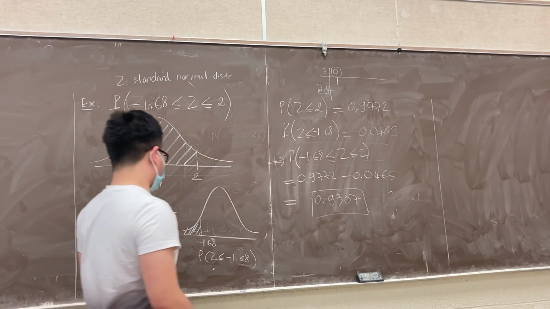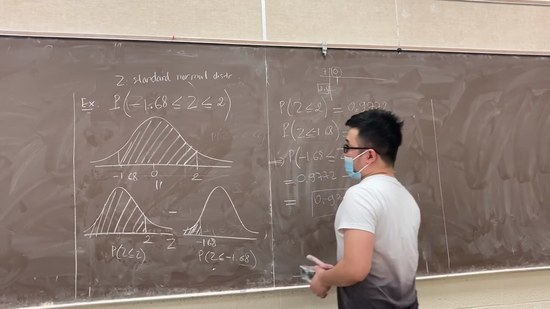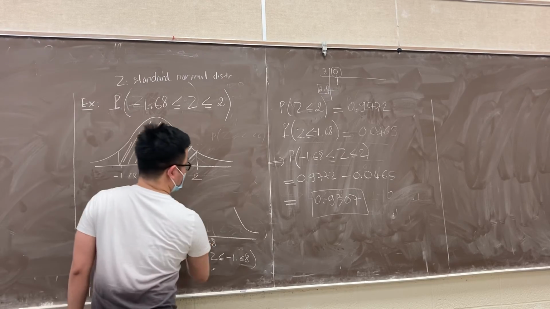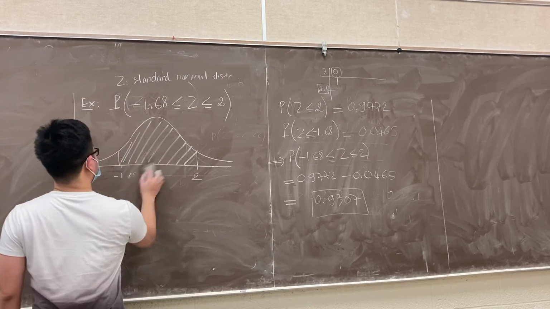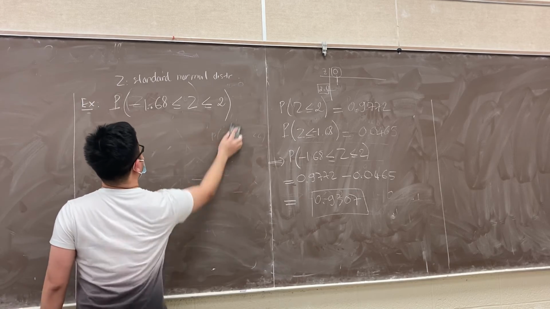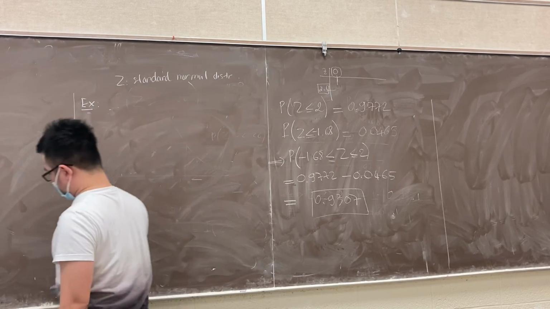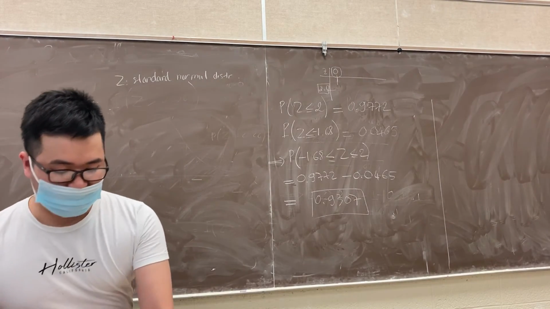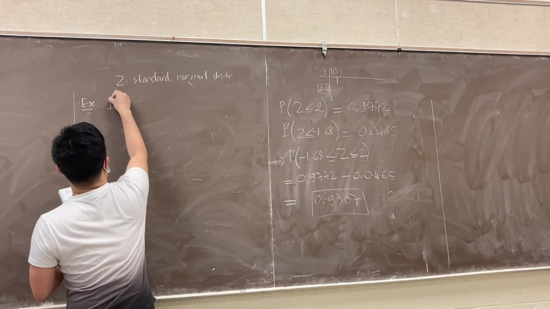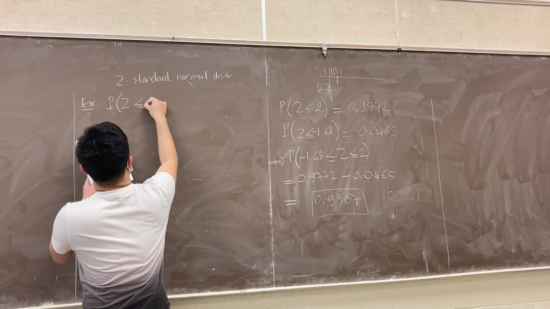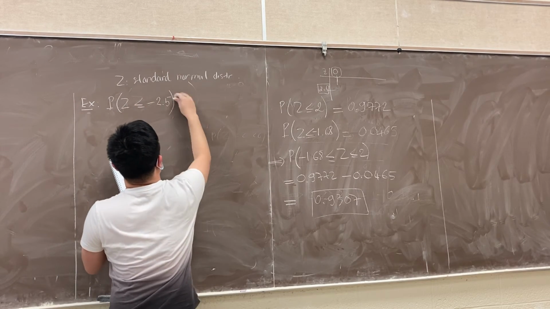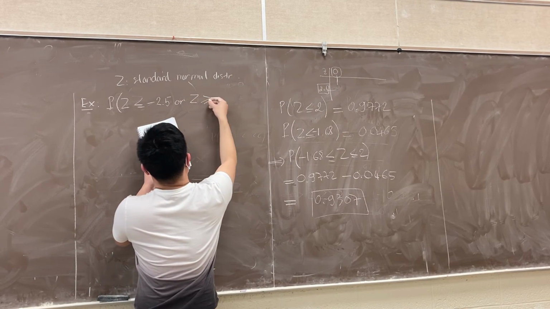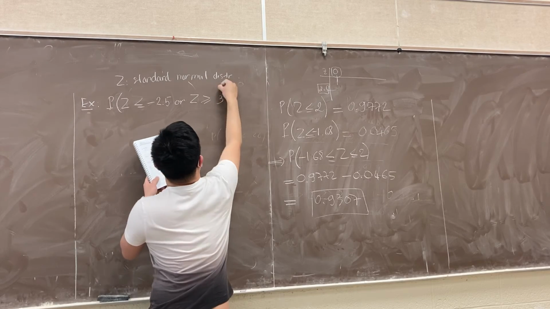Okay, I will give you one more example, and after that I will give you a chance to do some practice exercises. So now we will find the probability of Z less than negative 2.5 or Z greater than 3.